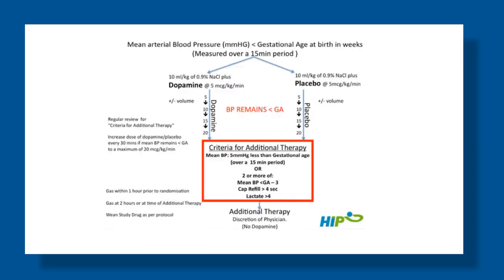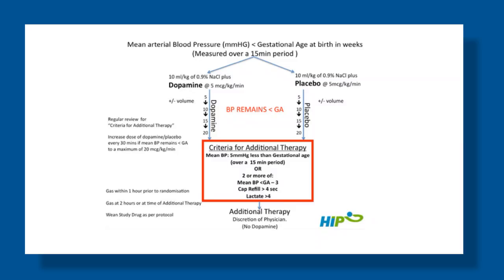When the blood pressure starts dropping, they started with a bolus of saline 10 ml per kg, and in the treatment group, they started dopamine and gone up in the dopamine slowly, whereas in the placebo group, they have just given a placebo without starting dopamine. However, in both groups, they have gone for additional therapy if there were additional criteria, such as very low blood pressure, or capillary filling time more than 4 seconds, or lactates more than 4.